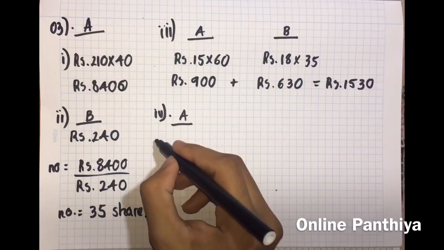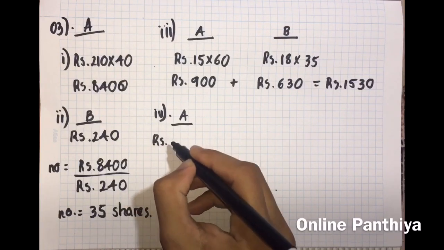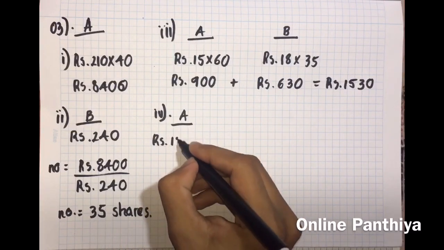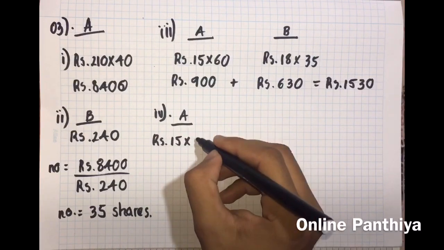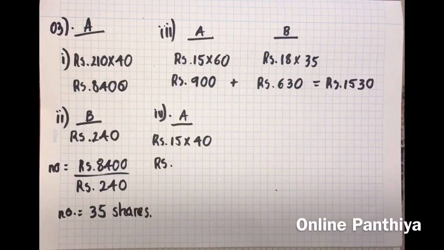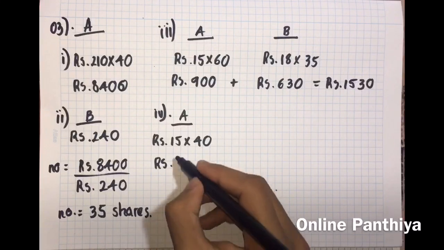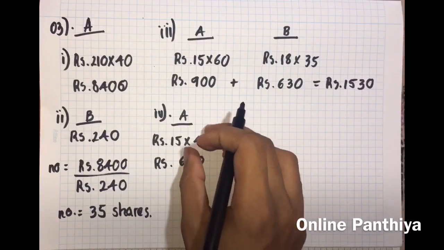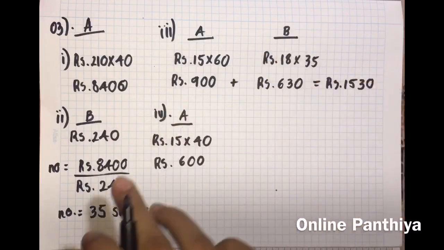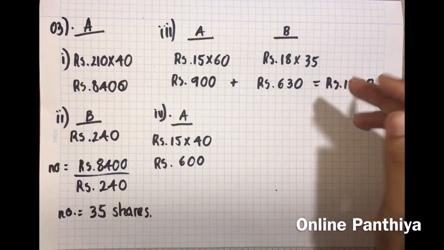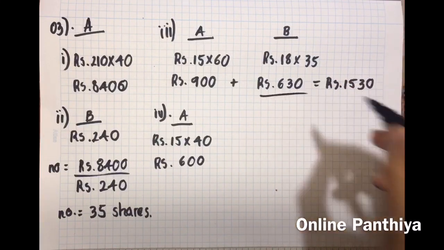So in company B, if he had owned 40 shares, then from one share he'll be getting 15, no? And he had 40 shares altogether. So what is the total you have here? 15 into 40 should give you 600. But all these 40 shares this person had sold and then invested in the company B. He bought shares and finally from the company B he gets a dividend of 630.